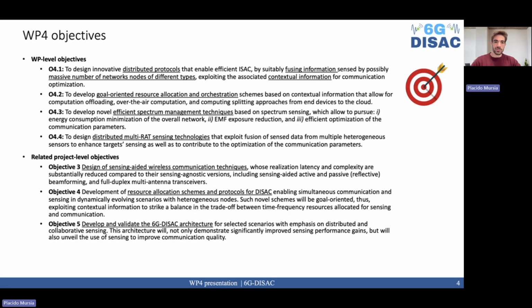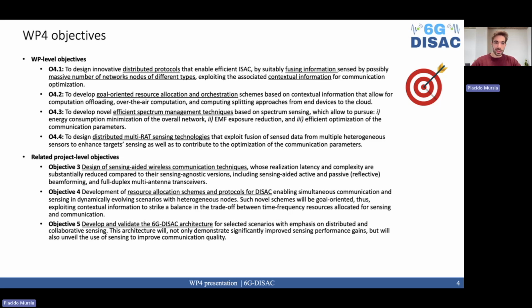Work Package 4 also relates to overall 6G-DISAC project level objectives, in particular three of them. The first one on designing sensing-aided wireless communication techniques, while the design of these techniques obviously includes the protocol aspect, but also the resource allocation aspect.